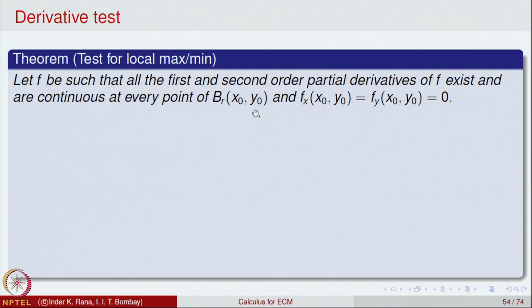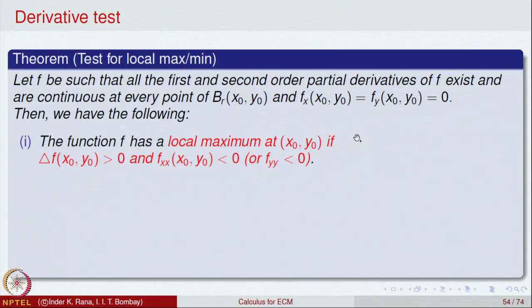So, that is a sufficient condition. We want that the second order partial derivatives exist and are continuous at every point in a neighborhood of the point (x0, y0), and the first order derivatives are 0. So, that means it is a critical point, the second order partial derivatives exist and the mixed partial derivatives are equal.